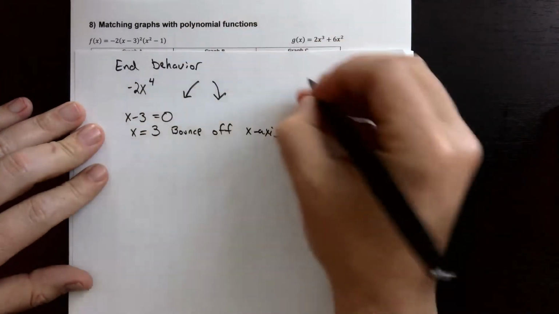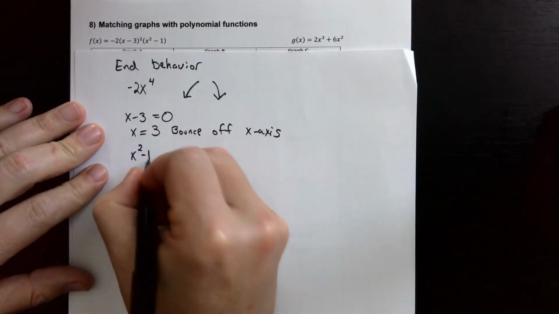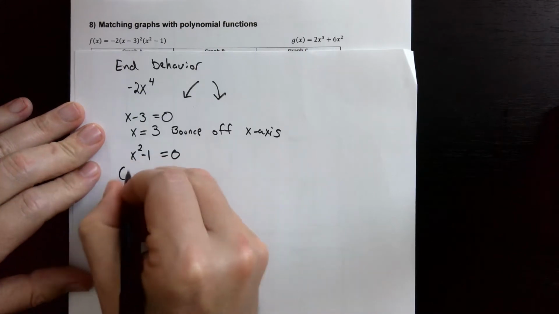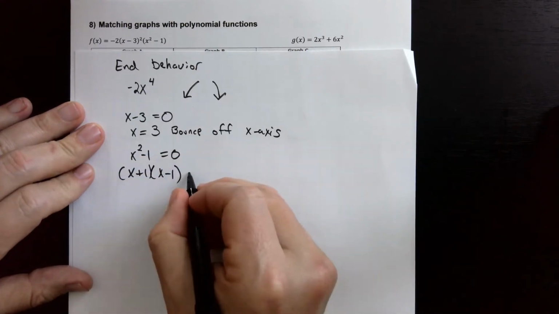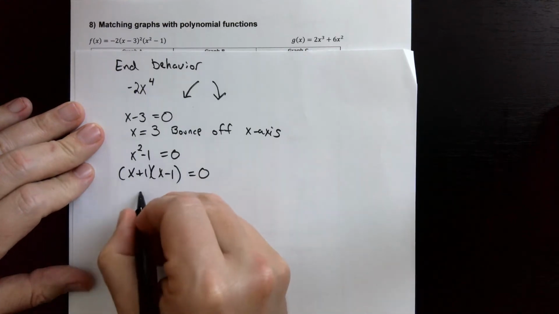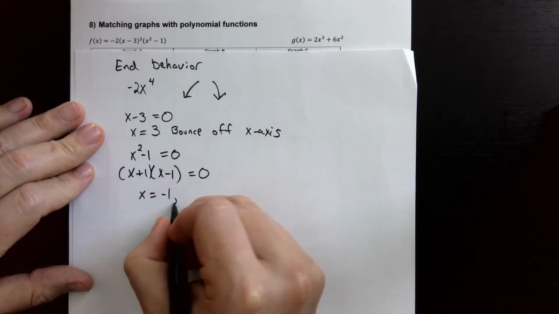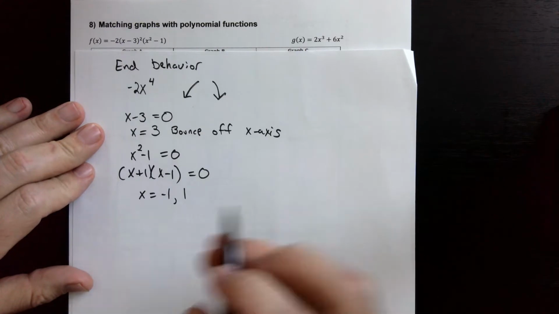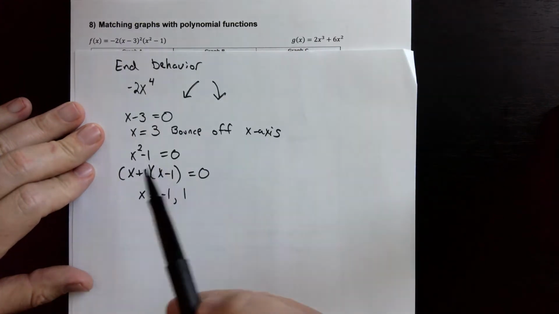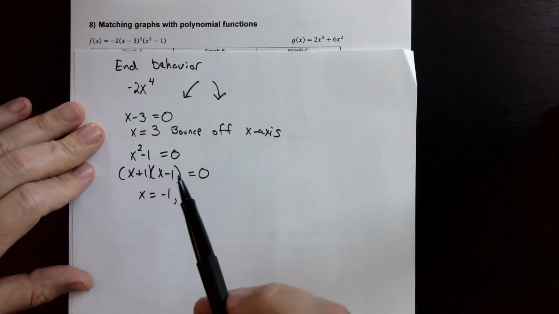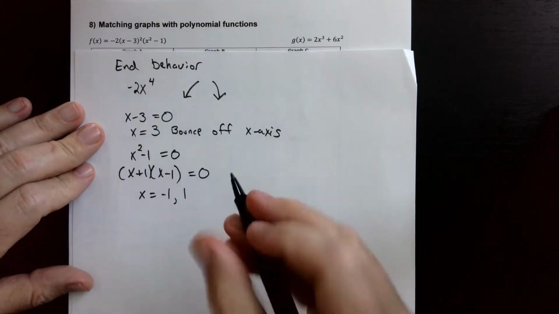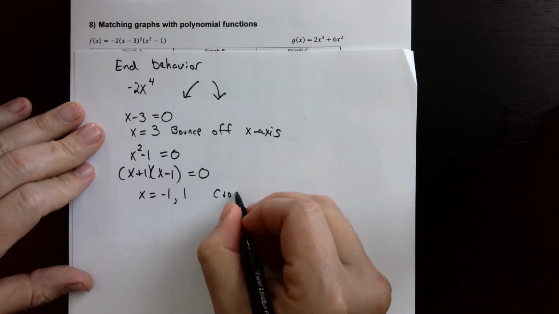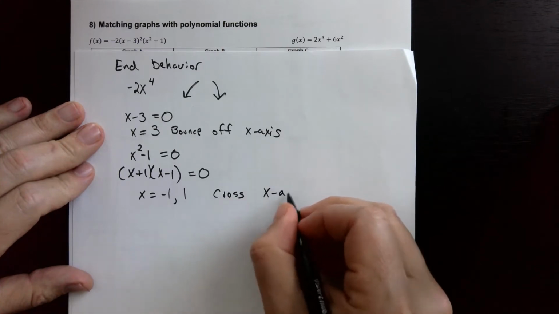Now with x squared minus 1 equals 0, that can factor into (x plus 1)(x minus 1), or you can solve it using the square root property. This is going to give you two different solutions, x equals negative 1 and positive 1. Both of these have degree 1, they don't have any exponents like this one did, so these are going to cross the x-axis.